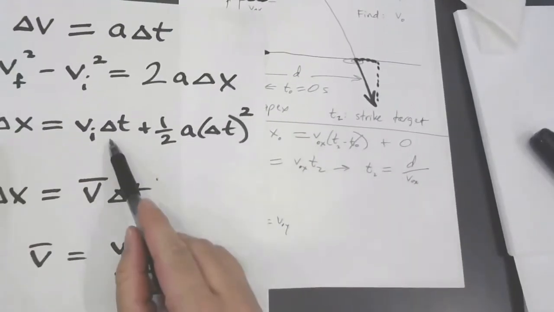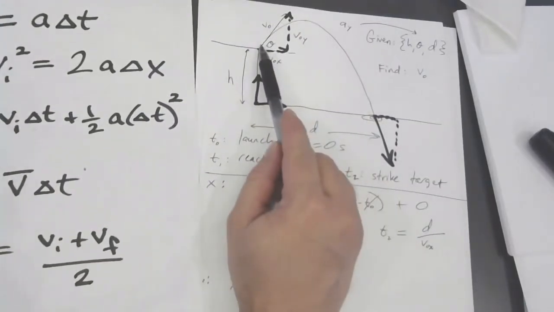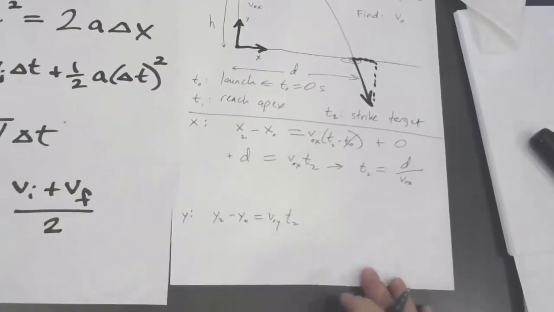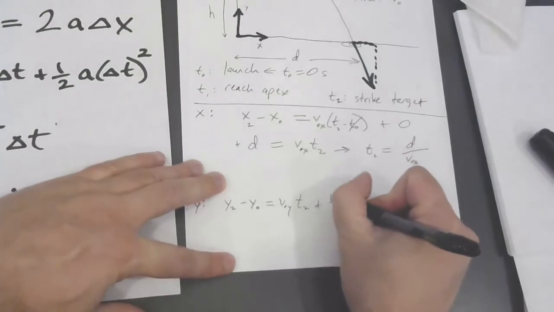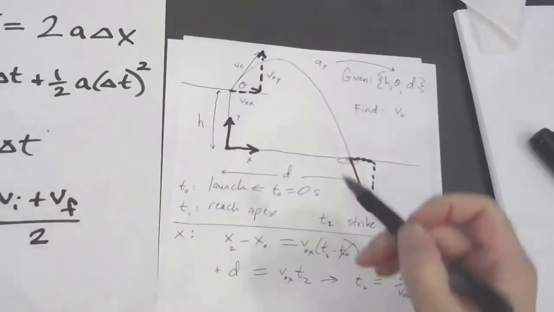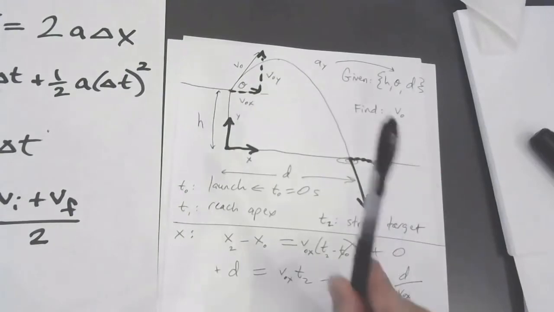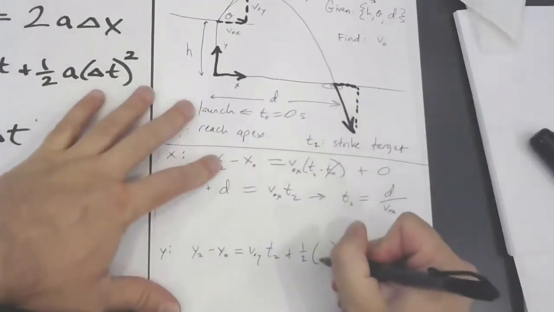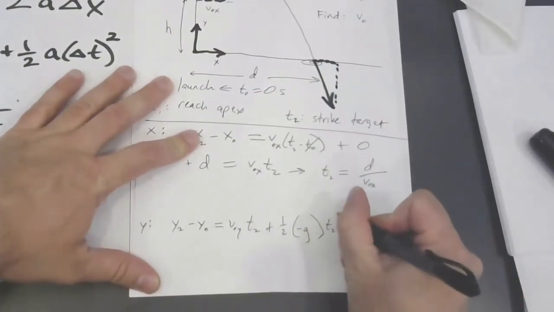And just like before, my delta t is really t2 minus t0, but t0 equals 0 seconds, so that's just t2. And now let's be careful here. 1/2 at squared, that's plus 1/2 times, because I went with the choice of up as the positive y-axis, my y-acceleration is negative g. Don't forget that negative sign. And delta t squared, that's just t2 squared now.